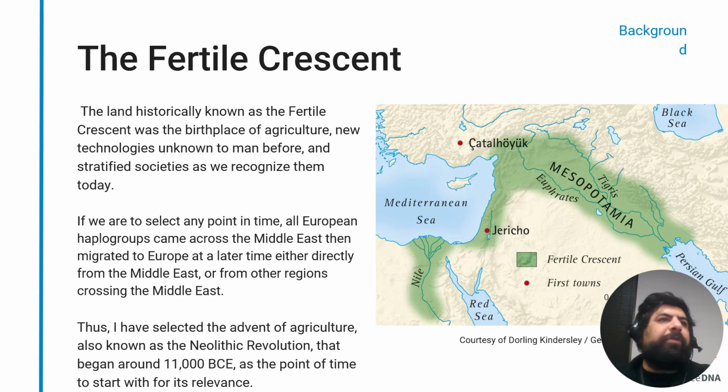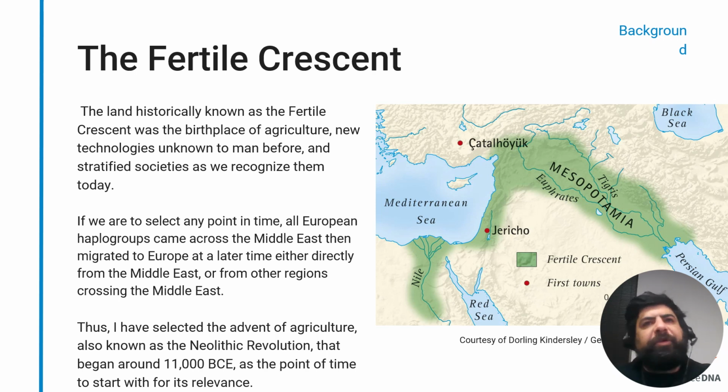The slides themselves deal with a number of DNA haplogroups whose migration paths we have traced. They're European haplogroups, and they go back to the region we collectively call, historically, the Fertile Crescent.